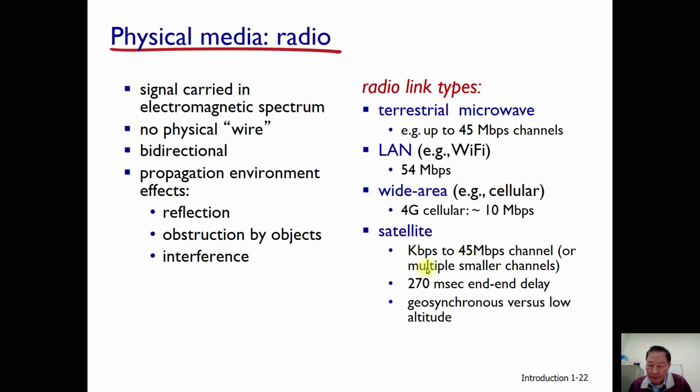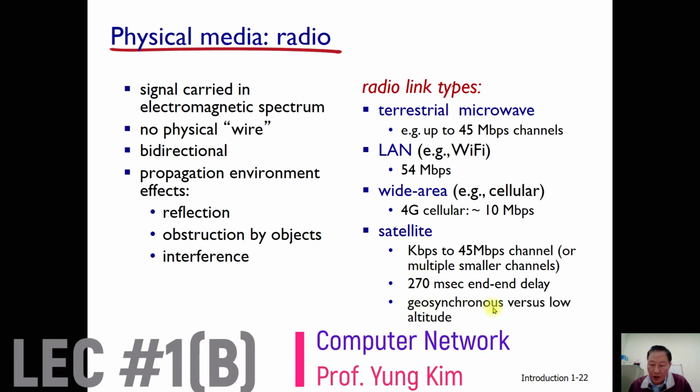But the delay time is around 270 milliseconds, end-to-end delay. That is so serious for real-time communication. Thus, this one is using geosynchronous orbit, or if we are using a low altitude satellite, then that is different, and the delay time will be different. But anyhow, for Korea sat, if we are using geosynchronous orbit, then the end-to-end delay time is like that.